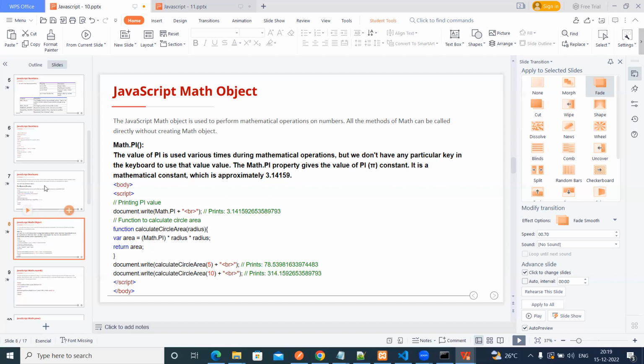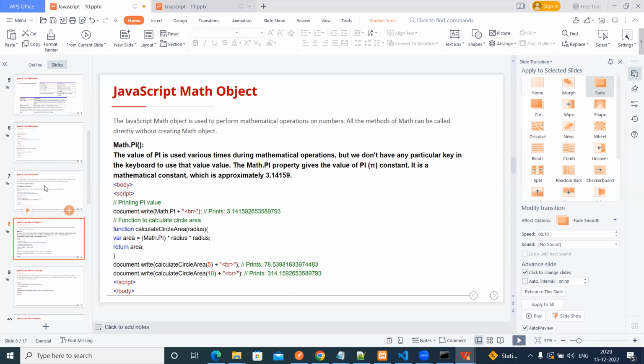The value of pi is used many times during mathematical operations, but we don't have any particular key on the keyboard to use that value. The Math.PI property gives the value of the pi constant. It is a mathematical constant which is approximately 3.14, right?